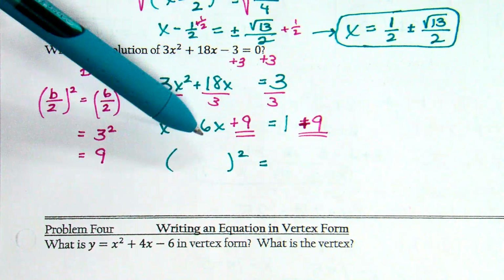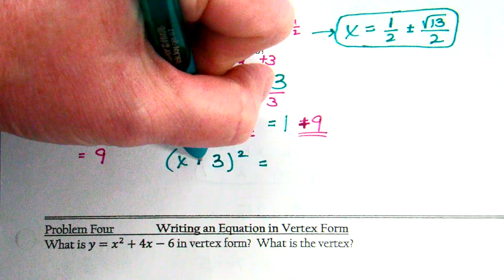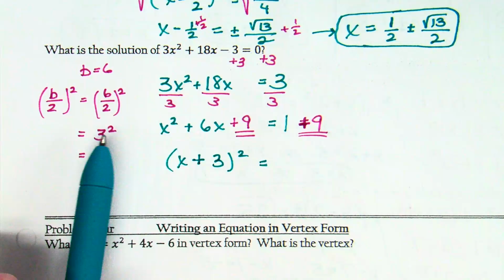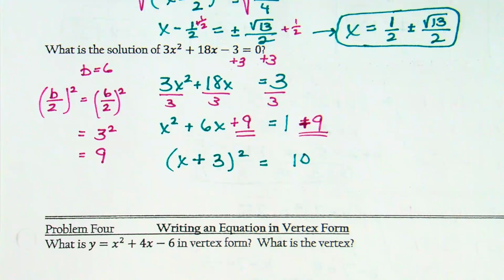What's the square root of 9? 3. Square root of x squared makes it x. Is it plus or minus 3? Plus, because it's a positive 6x here. Clean up the right. 1 plus 9 is 10.